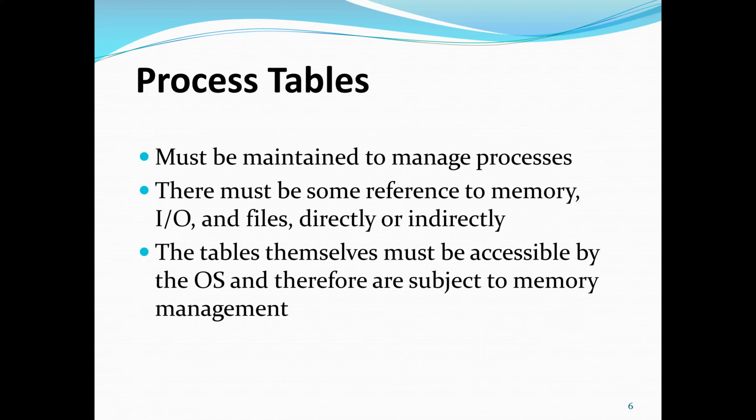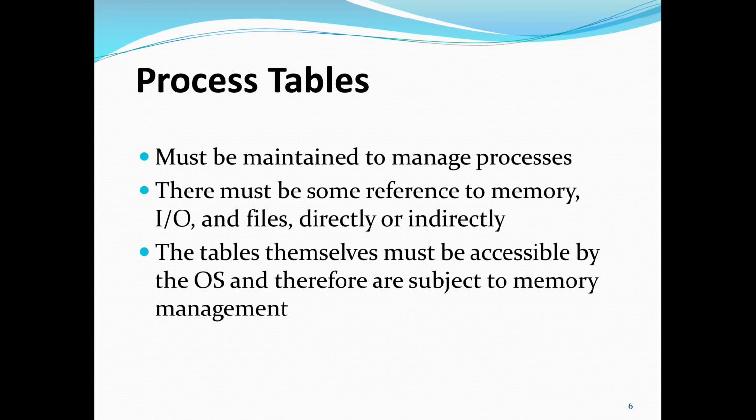First, we show the 4 distinct set of tables in our previous diagram. That's from the memory, I/O, files, and process. One thing that should be clear is that these tables must link or cross-reference in some fashion.